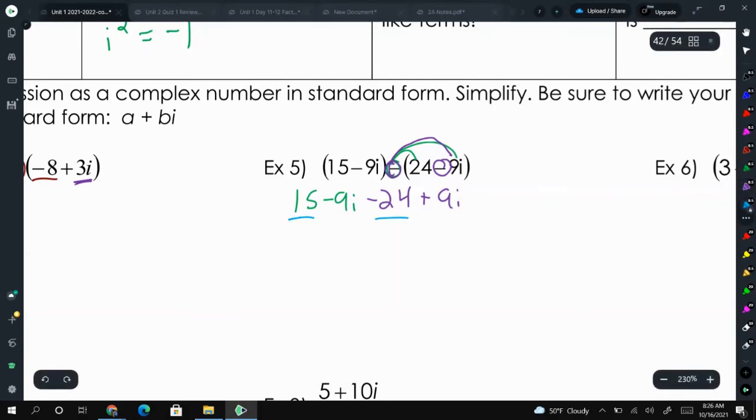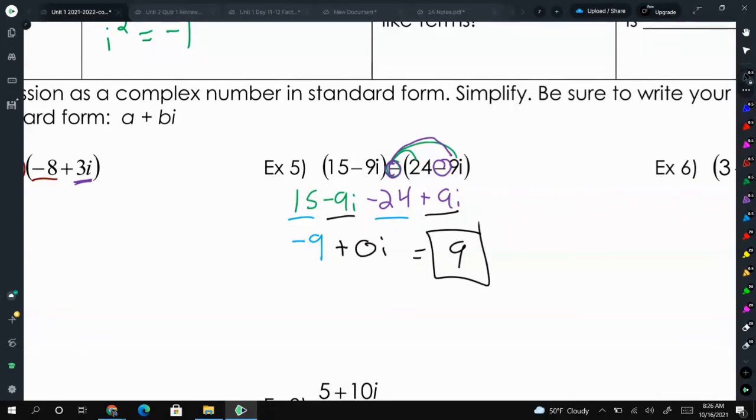So now we can combine our real parts. 15 minus 24 is negative 9. And negative 9i plus 9i is 0. So we don't need to write plus 0i. We can just write negative 9. And that would be our answer.